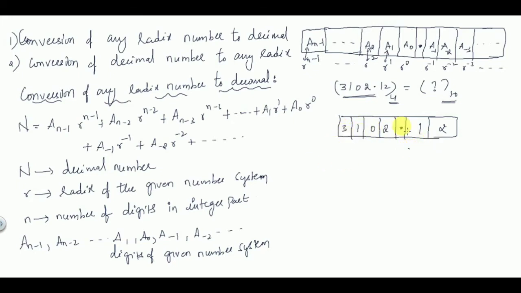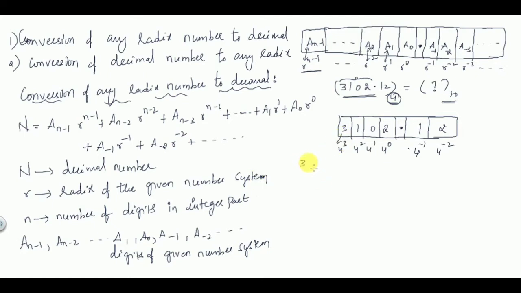So the r value is 4, so we can now write 4^(-1), 4^(-2). This is 4^0, 4^1, 4^2 and 4^3. Because here the total number of digits present is 4, so r^(n-1) becomes r^3, and r is 4, so it becomes 4^3 here.